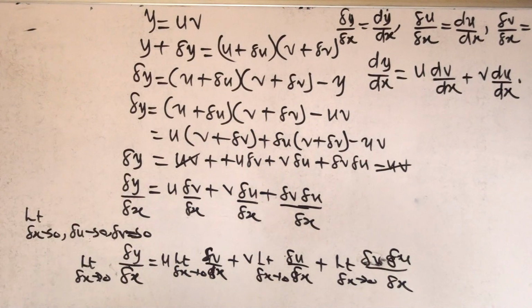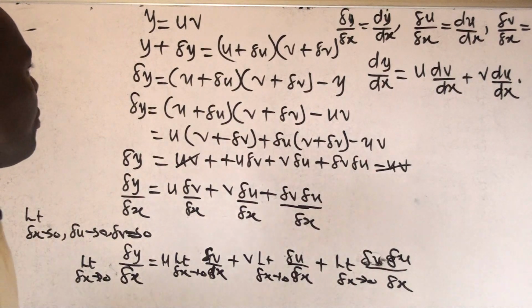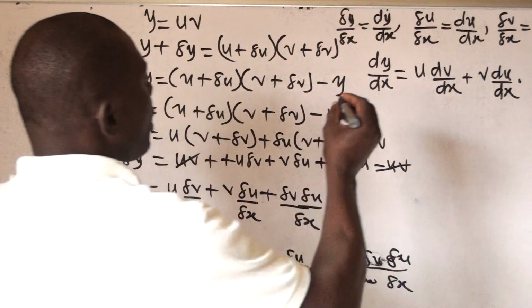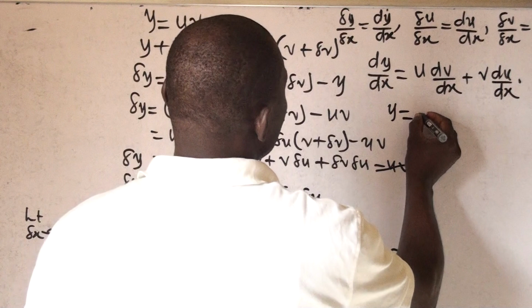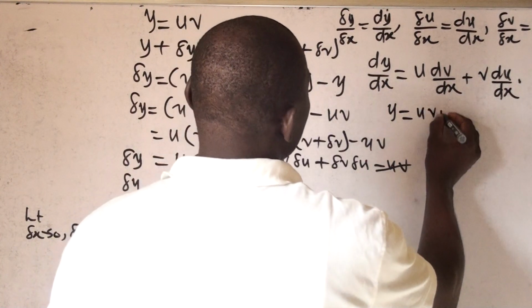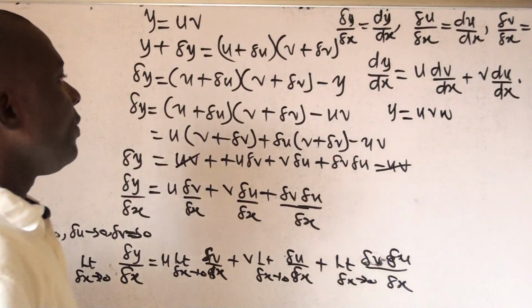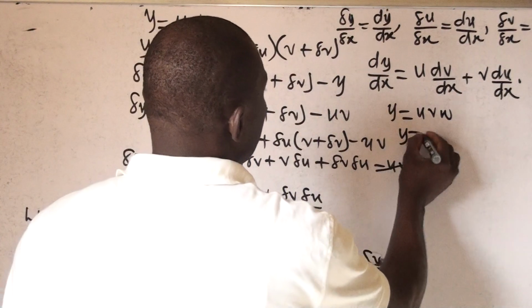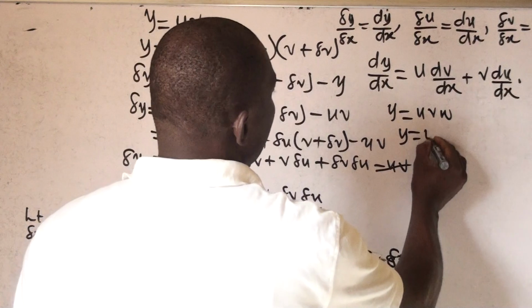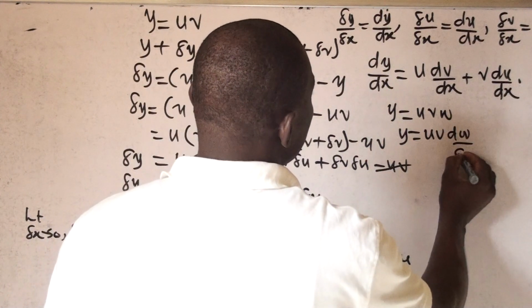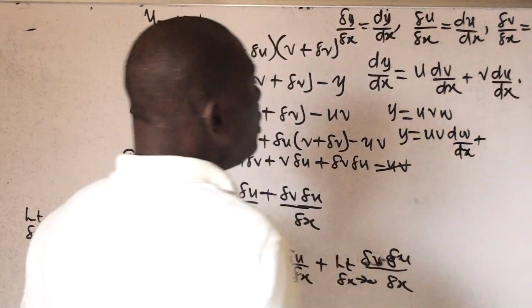Now let's look at if we have, for instance, y equals uvw. So our derivative here will become: if we pick uv, that is uv dw/dx.